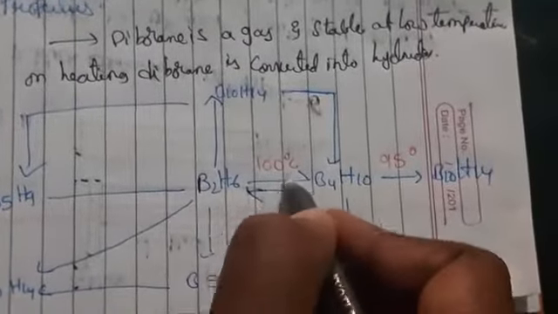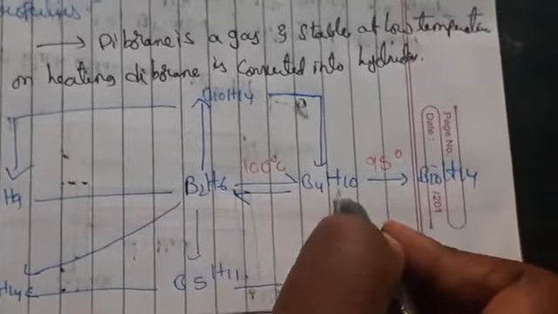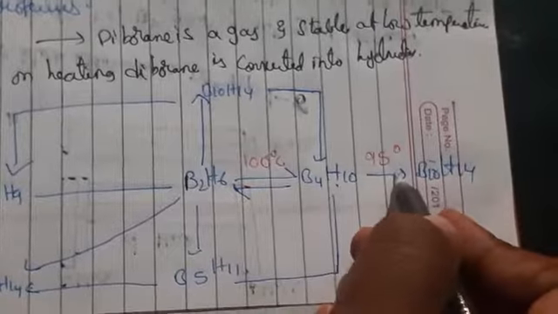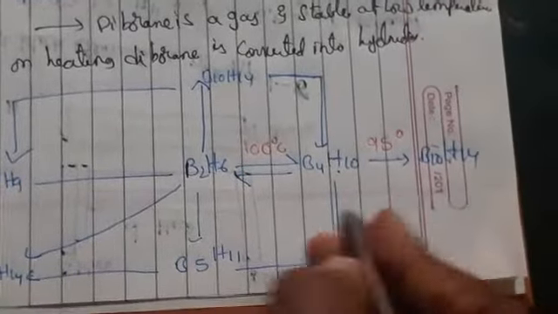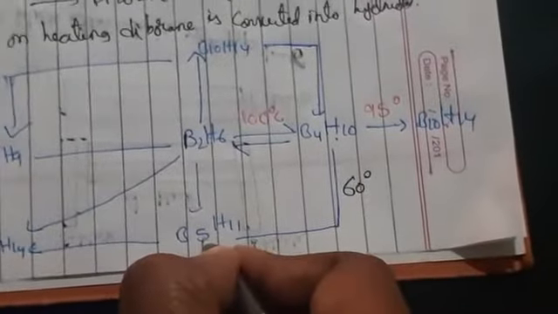Now let us see here. First, B2H6 was heated to 100 degrees centigrade, forming B4H10. When this compound is heated to 95 degrees, it forms B10H14. Heated at 60 degrees, it forms B5H11.